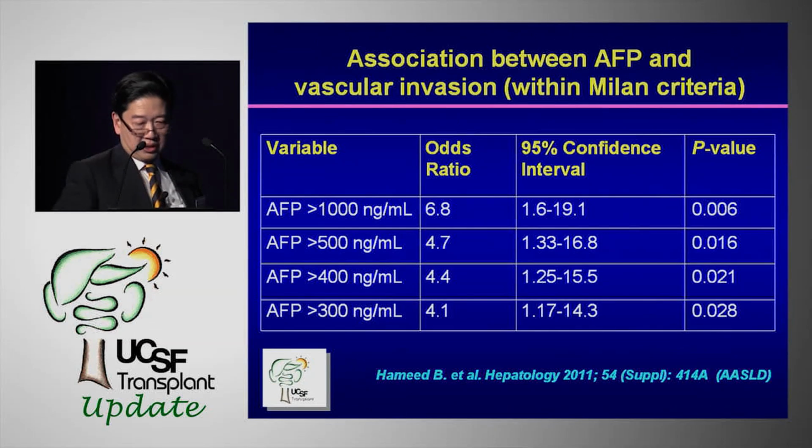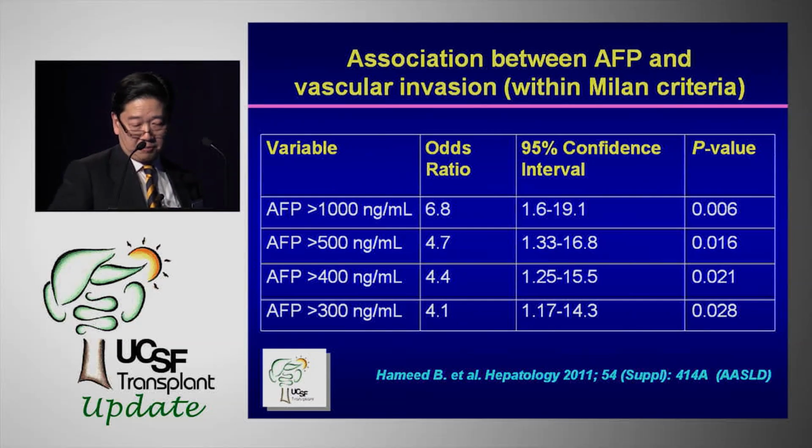What's interesting is that we found a very strong correlation between AFP and the presence of micro or macrovascular invasion. Vascular invasion is something we can't tell before transplant. So, for instance, in patients with AFP greater than 1,000, there's a very high odds ratio, like 7 times higher probability that you would be dealing with the presence of vascular invasion.